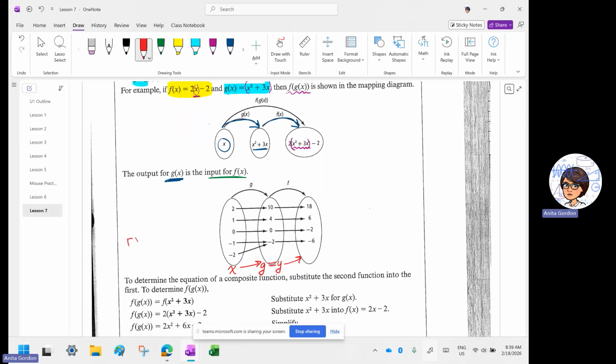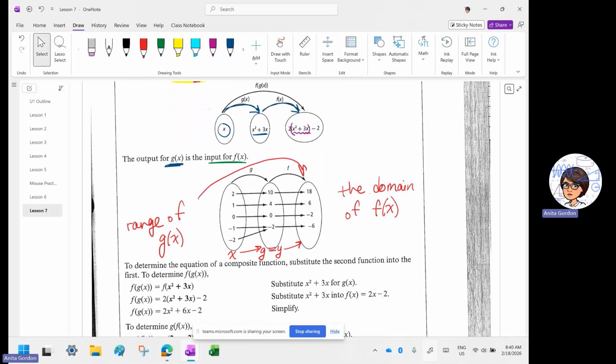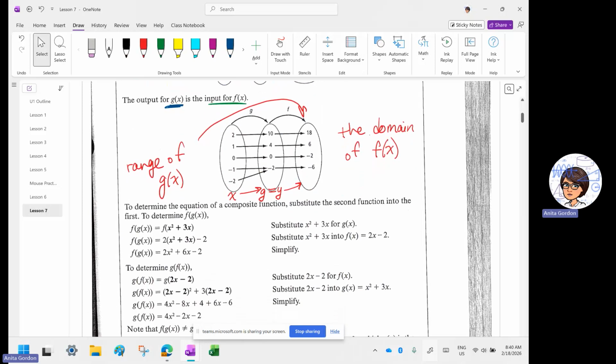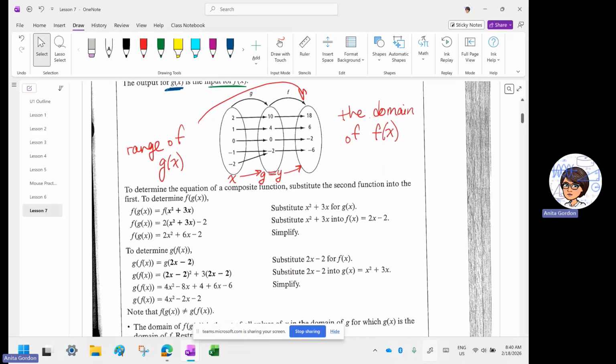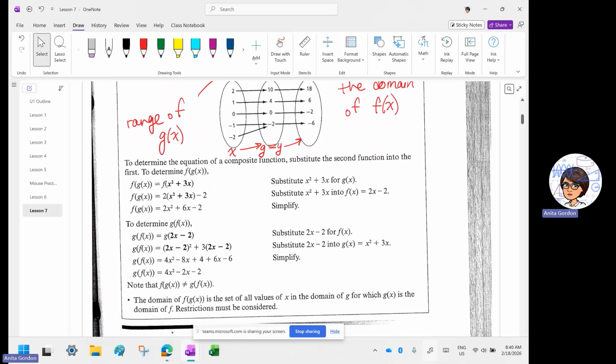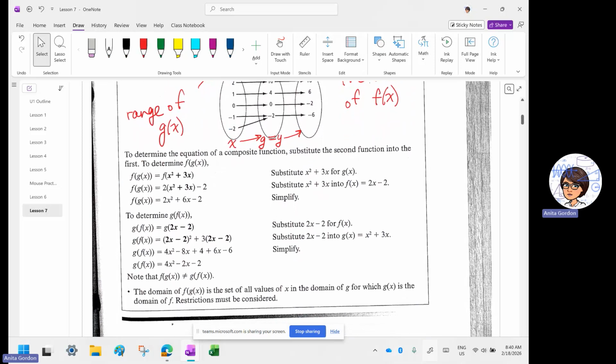So the range of g of x becomes the domain of f of x, because we're putting one function inside of the other. All right, so to determine the equation of the composition function, we substitute one into the other, and then we simplify.